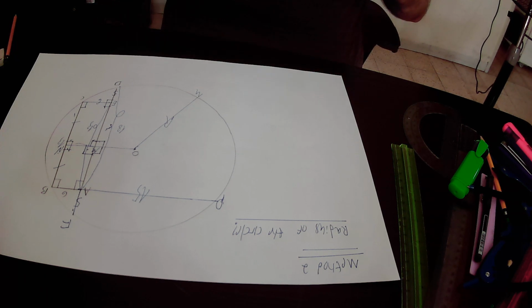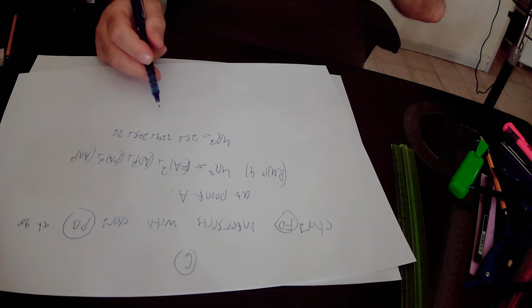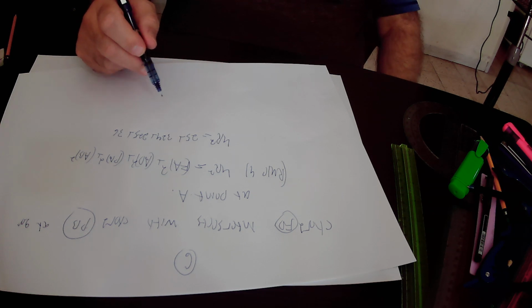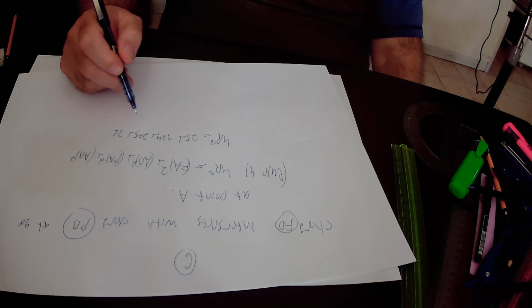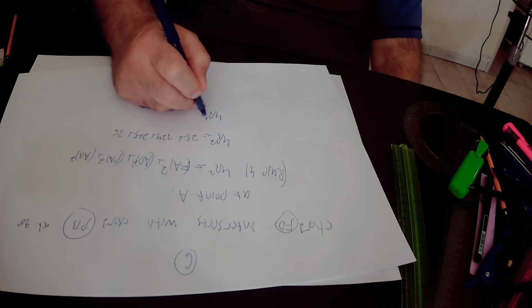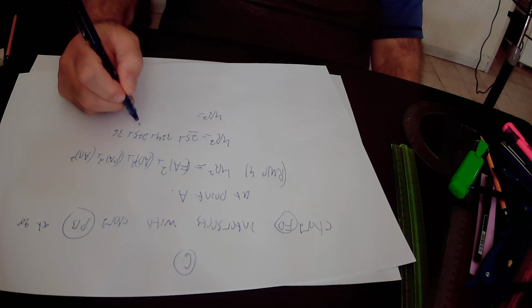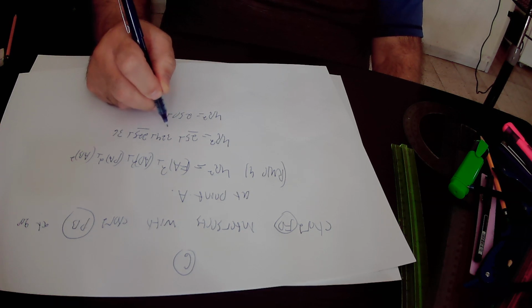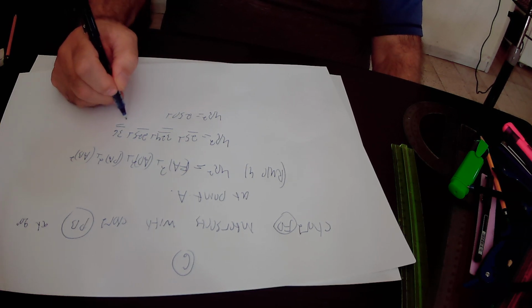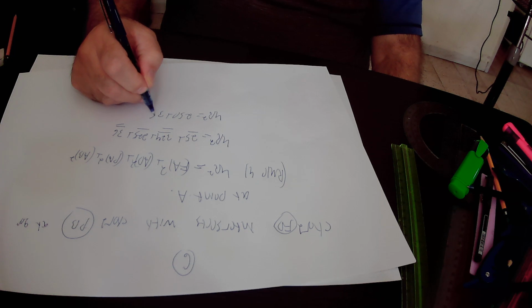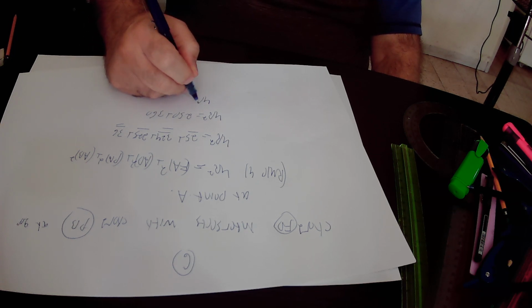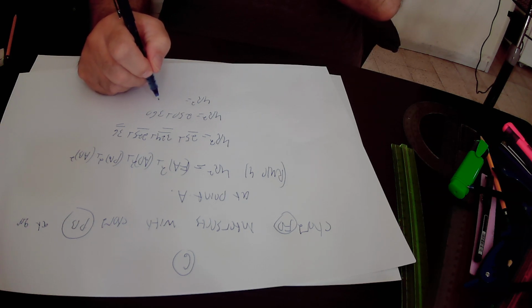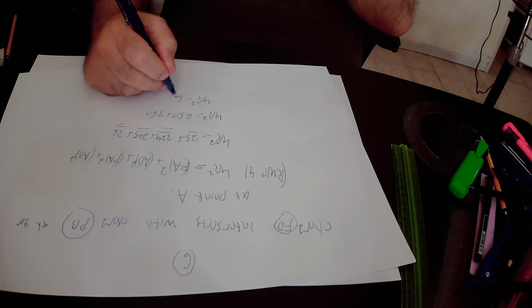So 4R squared equals 25 plus 324 plus 225 plus 36. 25 plus 225 is 250, and 324 plus 36 is 360. So 4R squared equals 250 plus 360, that is 610.